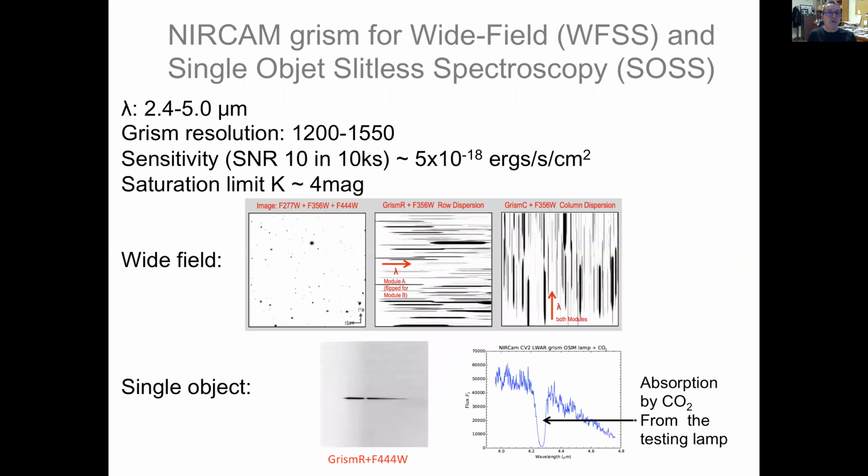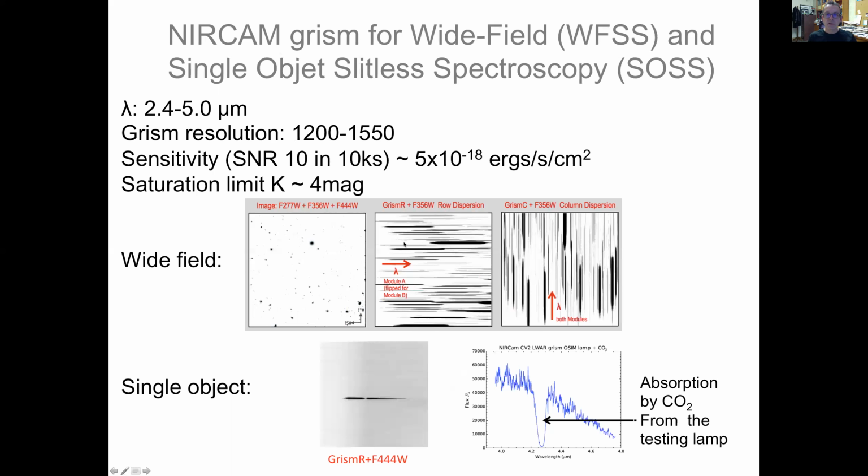Okay, NIRCam can also do GRISM spectroscopy. Basically, you can insert a GRISM into the beam so that every source in your field of view is turned into a spectrum. There's no slit here, so this is what we call slitless spectroscopy. This is done at a resolving power of about 1,000, and over the long wavelength channel of NIRCam, 2.4 to 5 micron, with this kind of sensitivity.